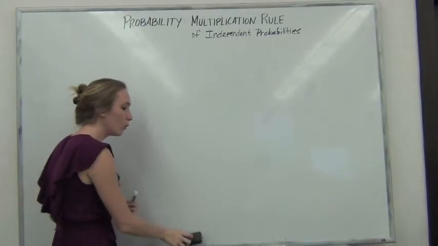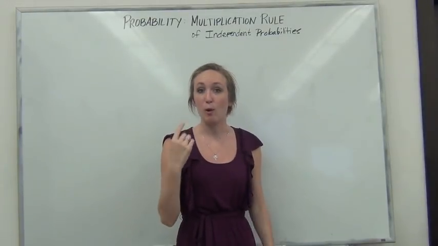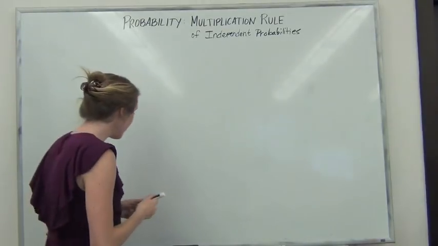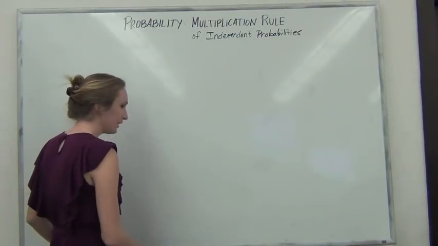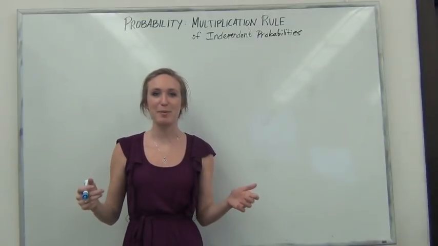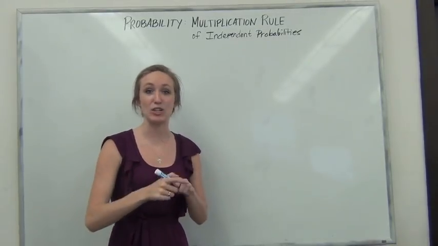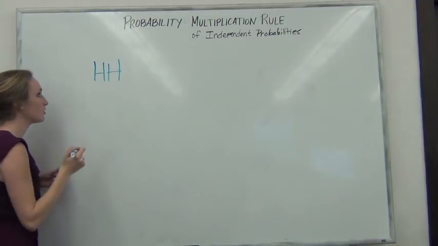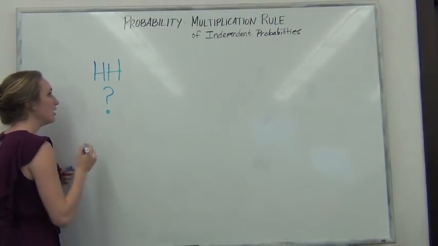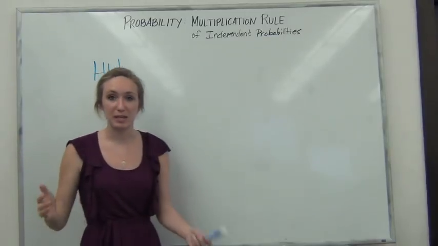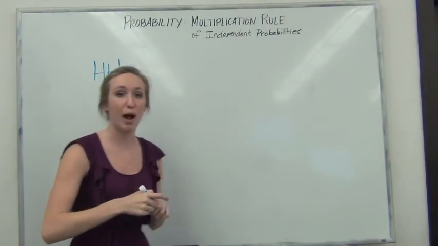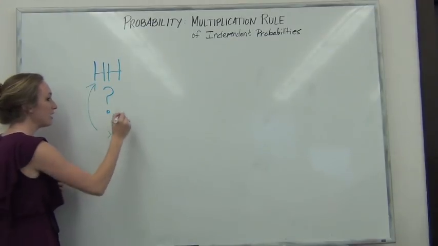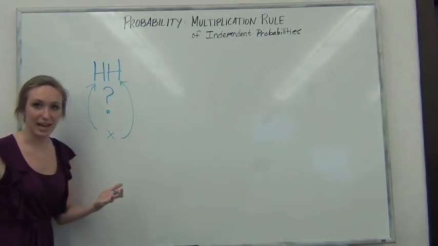We know that flipping a coin once, we have a 1/2 chance of getting a head. Well, what if we flip a coin twice? Let's say I'm concerned with the probability of flipping a coin twice and getting two heads. I want to get back-to-back heads, right? So what's the probability here? This is called the multiplication rule, where we take the probability of the first head occurring and multiply it by the probability of that second head occurring.